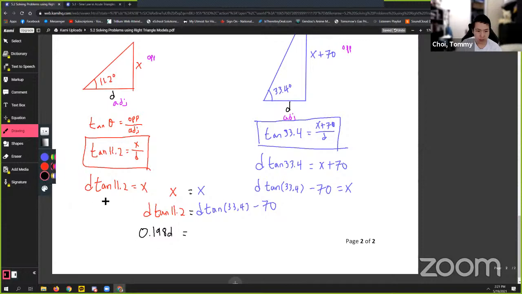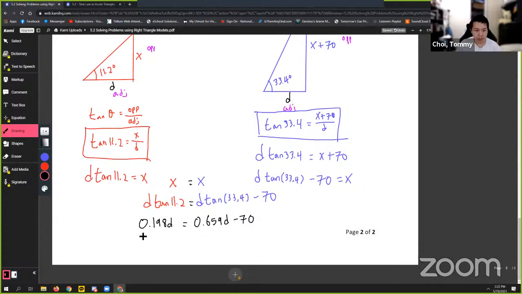I've solved it. And the same thing on the right side, tan 33.4, I get 0.659 d minus 70. Looks like an algebra question now.